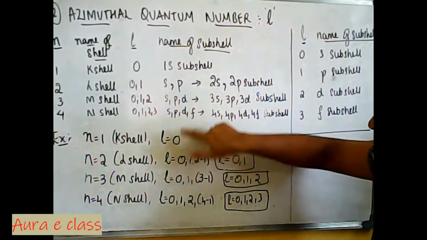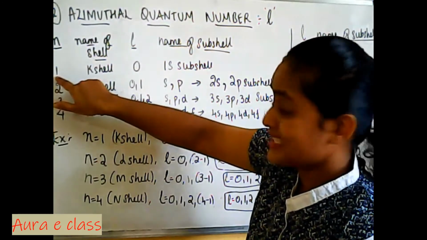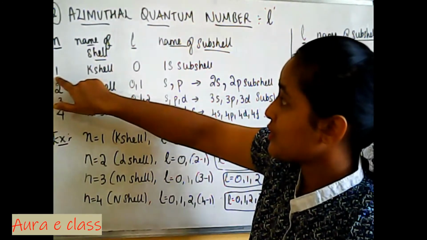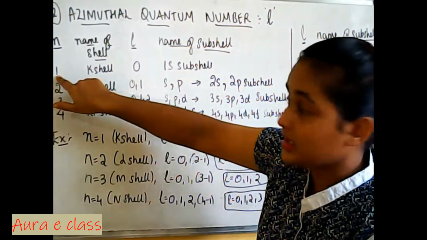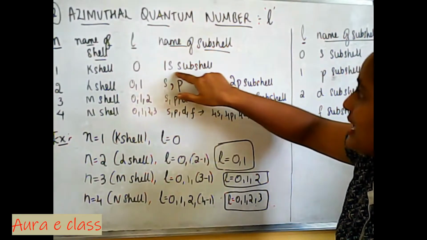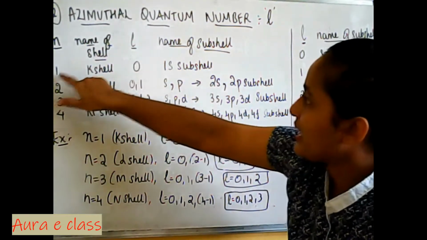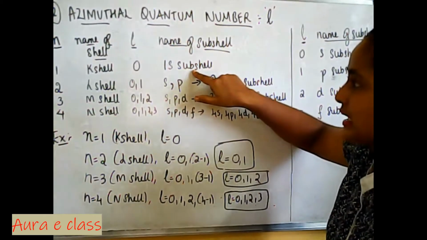Now since it is in the first shell, which is also called n is equal to 1, it's present in the first shell. The name of that subshell, I will write it as 1s subshell. I hope it is understandable.